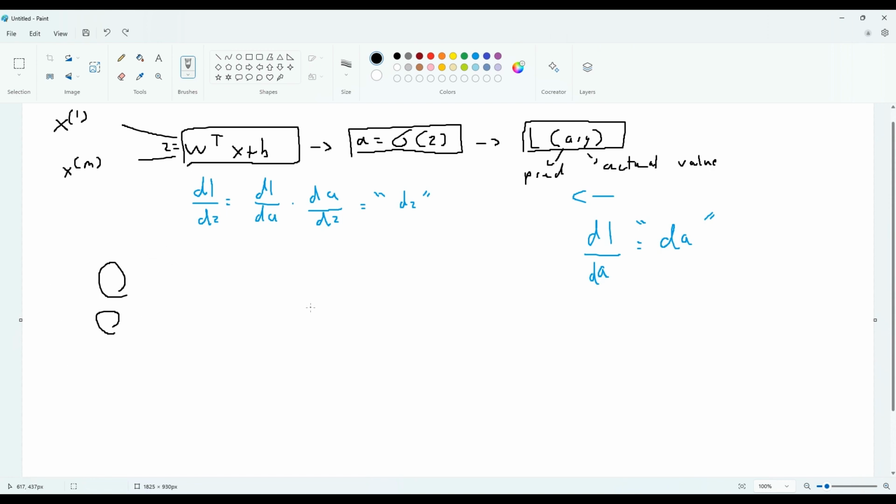So you're kind of connecting them. If we do the derivative of our loss with respect to a, and then the derivative of a with respect to z, we're kind of connecting them. So then we get the derivative of z, and we use the derivative of a right here to do that computation.